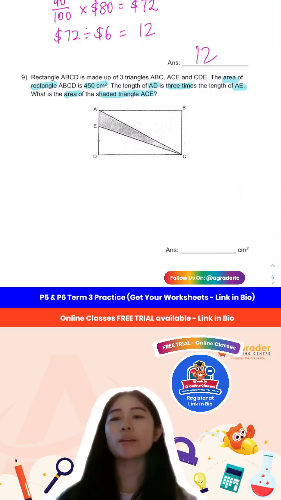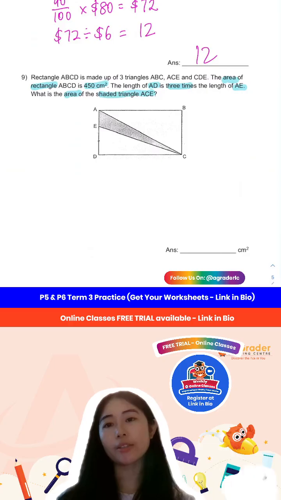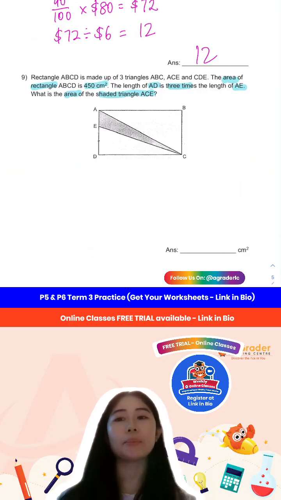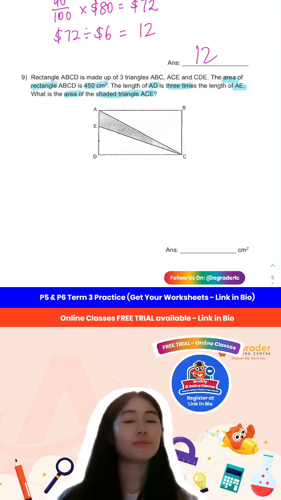This question, technically, if you are able to visualize it, you can do it in 1 step, but I will do it in 2 steps later when I go through. Try the question and then let me know your answers in the chat.